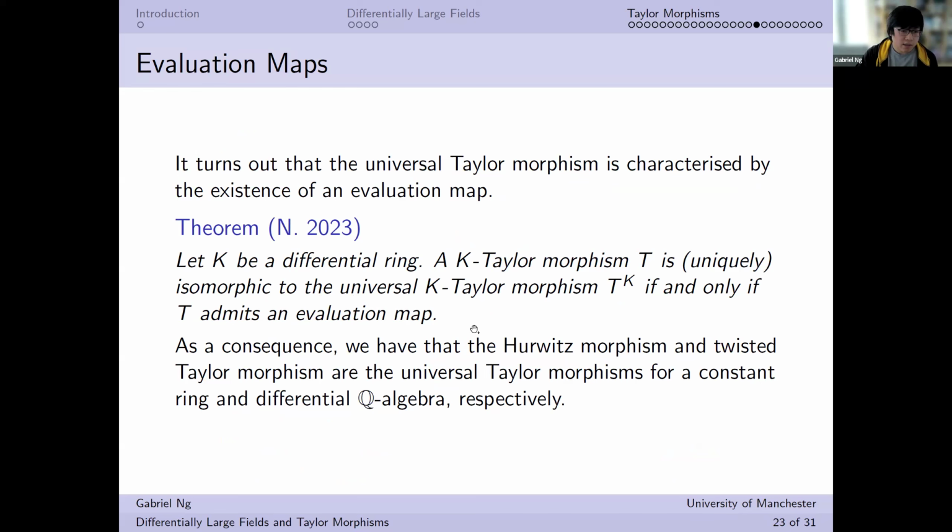And as a consequence, we have that the Hurwitz morphism and the twisted Taylor morphism are precisely the universal Taylor morphisms for, firstly, a constant ring, and secondly, a differential K-algebra, respectively. So we know what the universal object looks like for constant rings and also for differential K-algebras, but not yet in general. And that's what we will construct now.